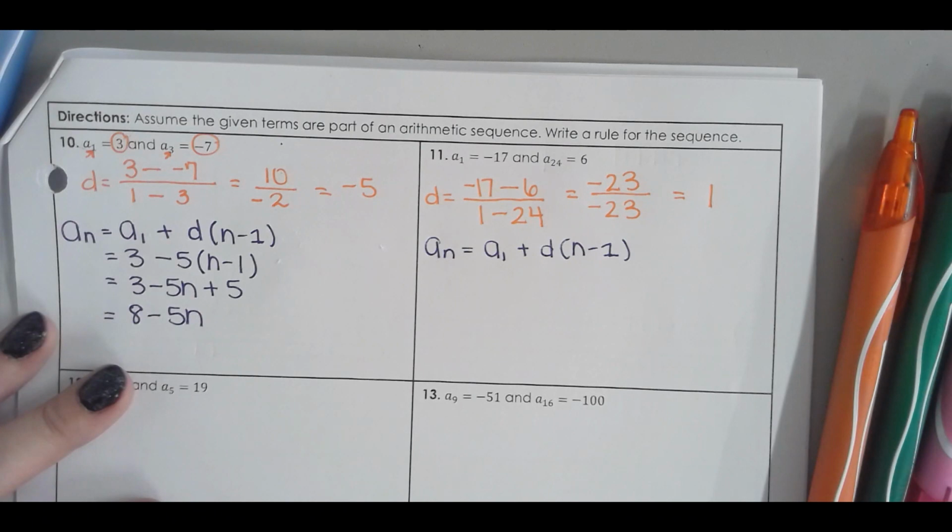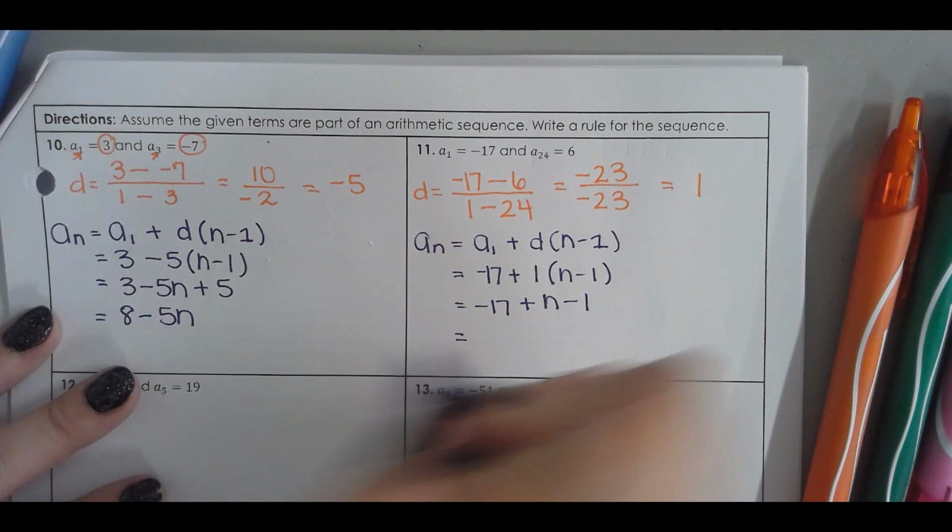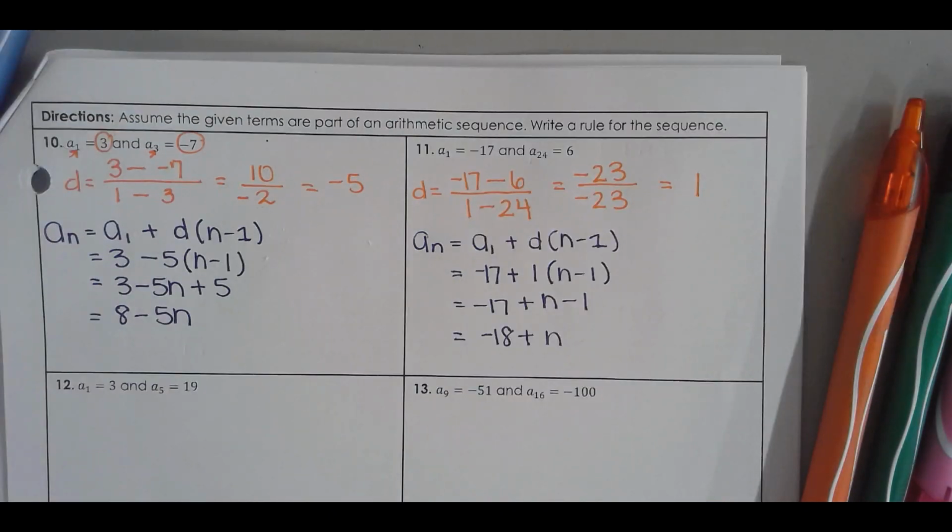So my formula, what's A1? Combine. Negative 18 plus n, or you could write it the other way.